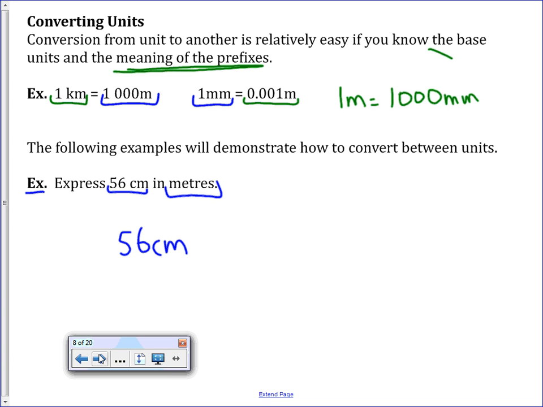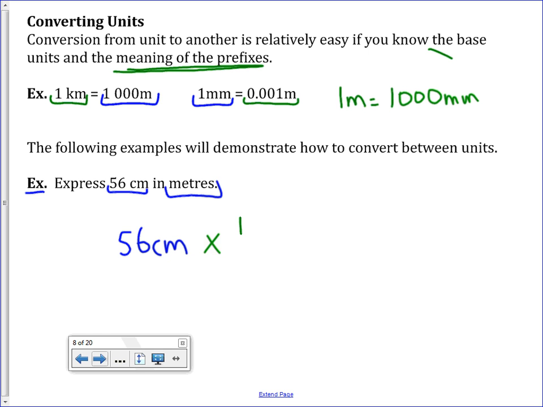When we're converting from one unit to another, what we do is we take the number that we start with and we're going to multiply it by the unit that we're interested in converting it to.